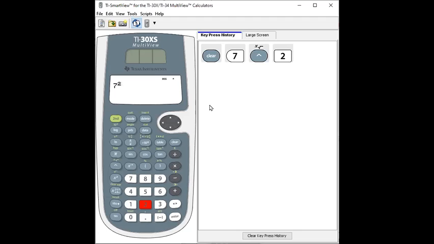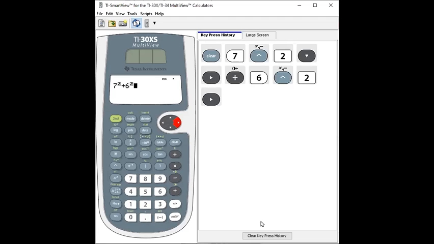Now we have to get off of the exponent line, so you can arrow not down, to the right. When you arrow to the right, it gets to the next character. Plus 6 squared, so 6, up arrow, squared, and then arrow to the right with your directional pad. And all you need to do is click enter. That's 85. 7 squared plus 6 squared is 85.